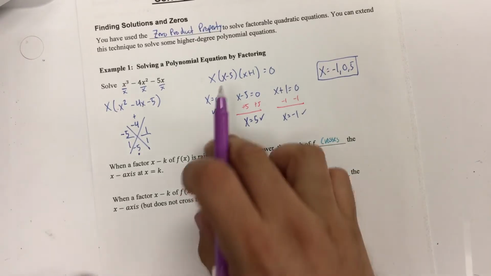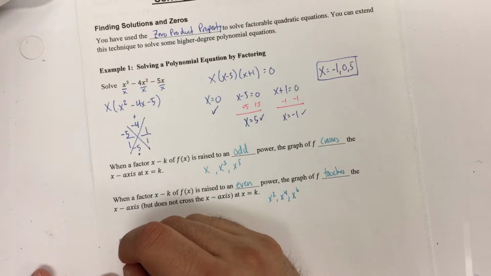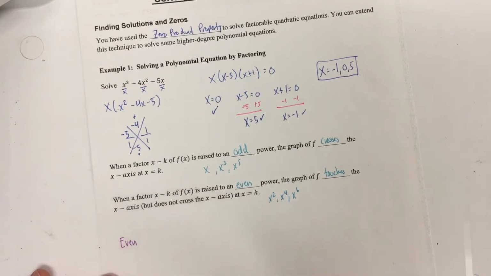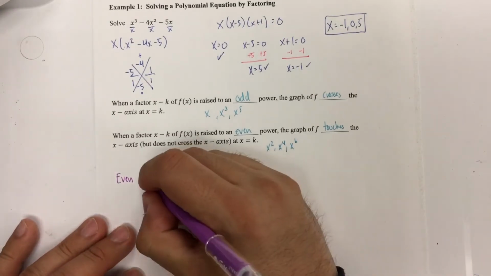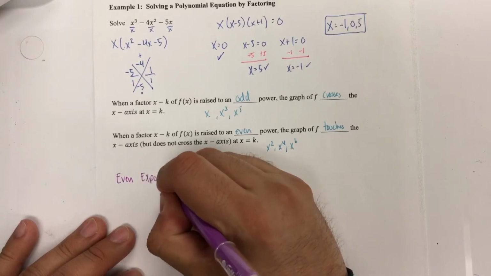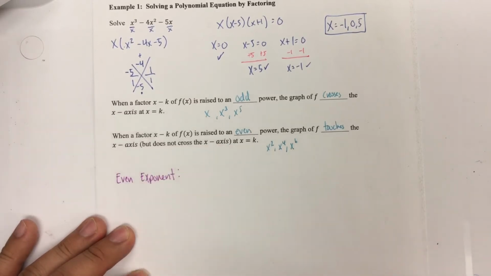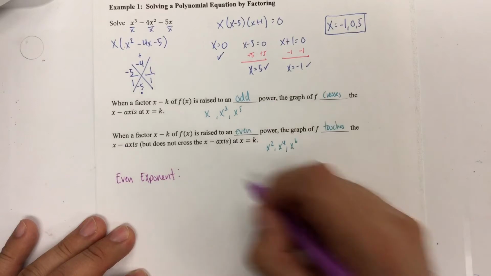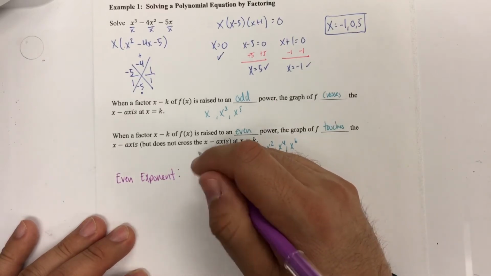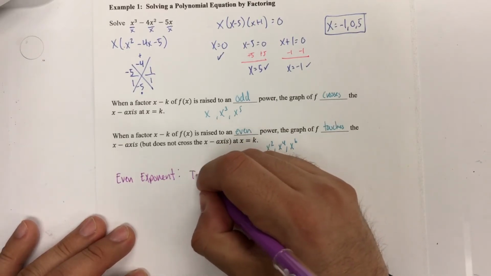So if you have an even exponent, when the graph approaches the x-axis, it's going to touch the x-axis and turn, so touch and turn.